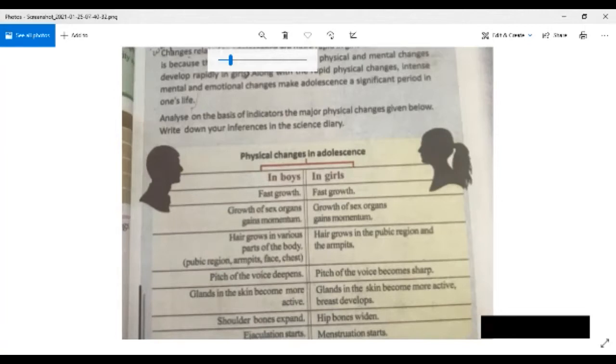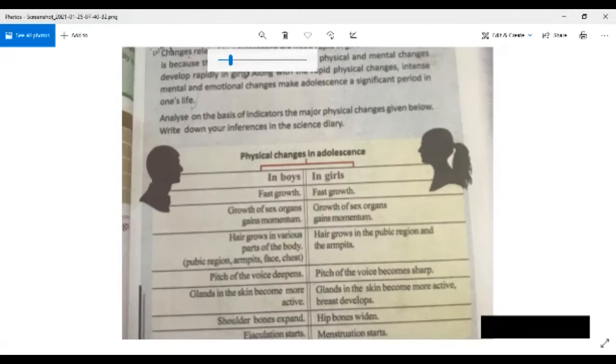Then hair grows in various parts of the body for the boys. For the girls also, hair grows in the pubic region and the armpits. The pitch of the voice deepens for the boys; their voice changes in this adolescent period. In the girls, the pitch of the voice becomes sharp.